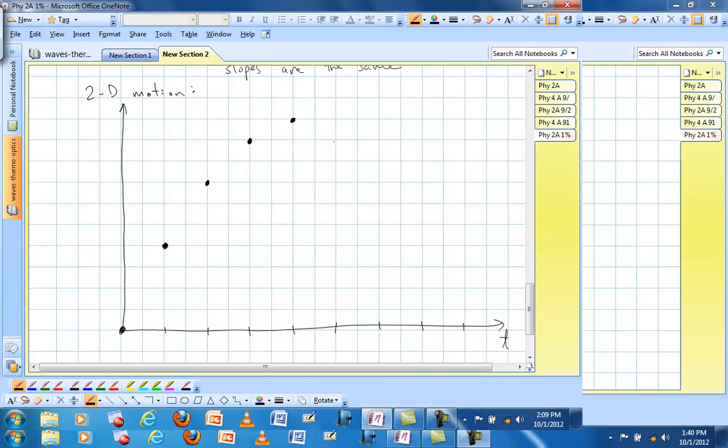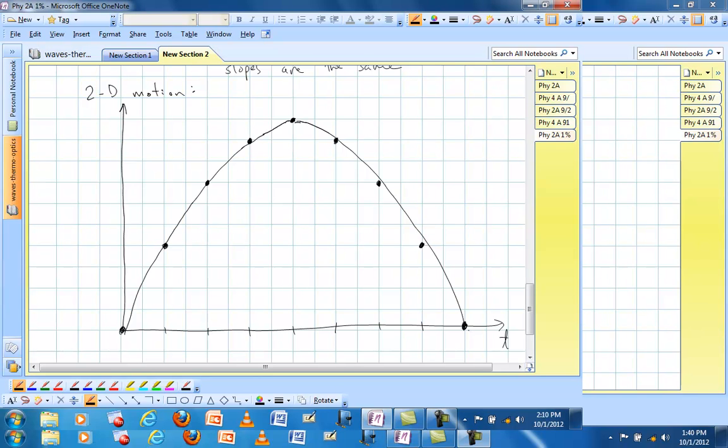So one unit of time later, it would be here, and then here, and then there, and then it's back to the same height that it started from. So if I were to connect these dots, we've got a parabolic path like that.